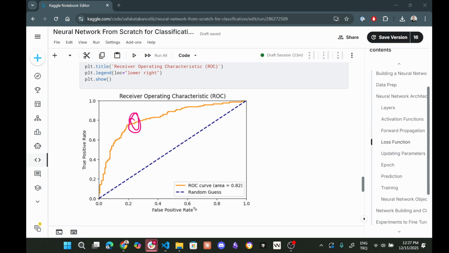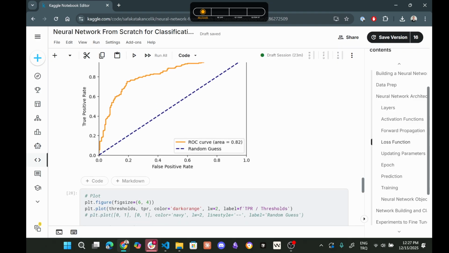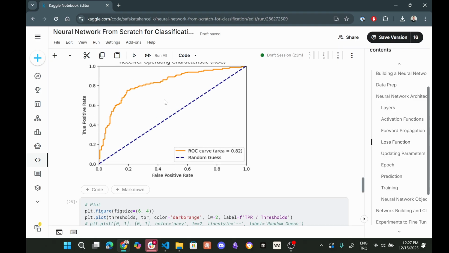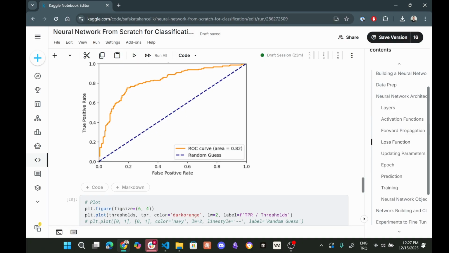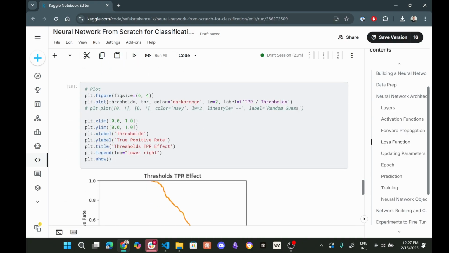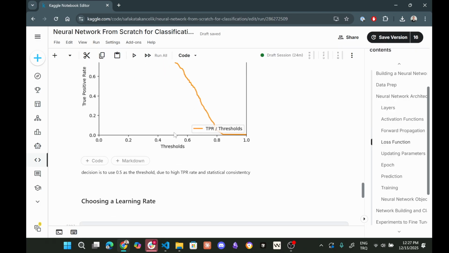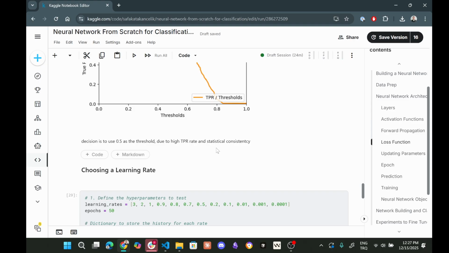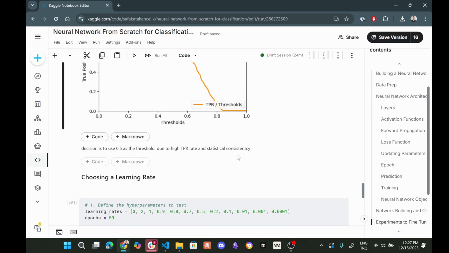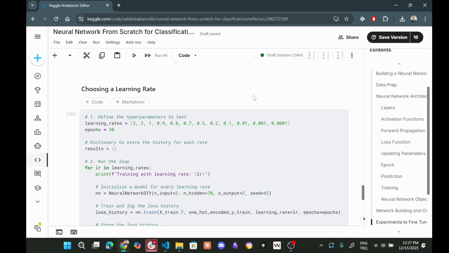Maybe we care more about this, so it could be good to choose something over here. But I wanted to care about my true positive rate more in this one. Yeah, and I need to choose something, and statistical consistency was one of the concerns as well. So a 0.5 threshold in a binary classification kind of makes sense.